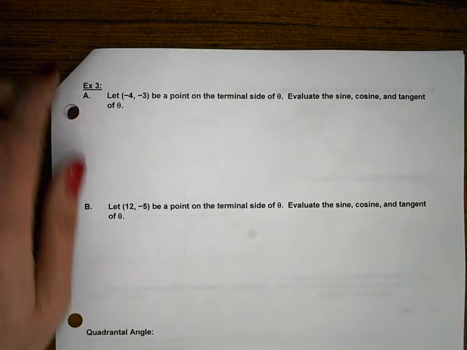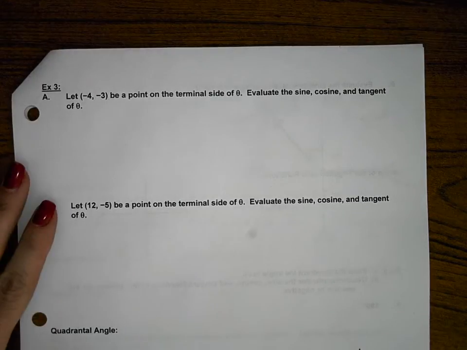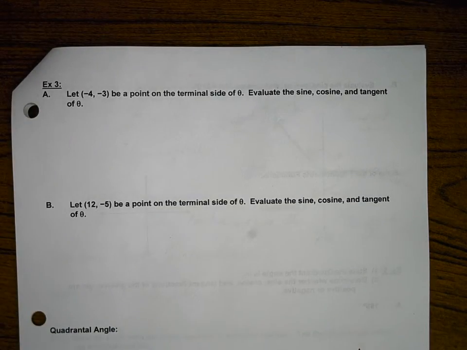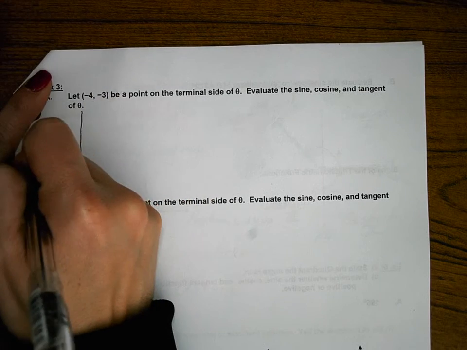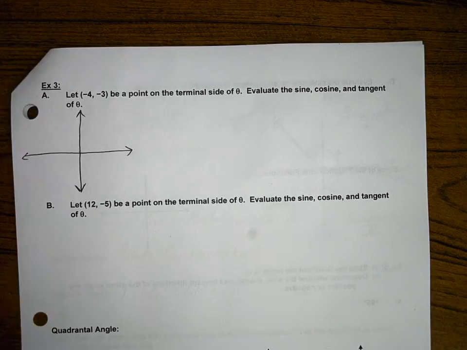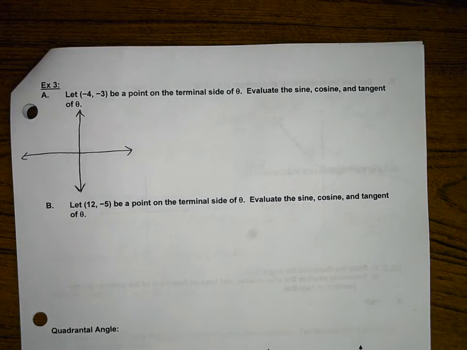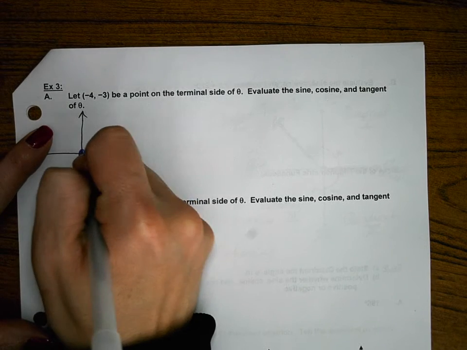Okay, so let -4, -3 be a point on the terminal side of theta. Evaluate sine, cosine, and tangent. All right, so I need to figure out where I'm at. I want to draw a picture. I'm going to make myself a little sketch. I know that the initial side of this angle is the positive x-axis.